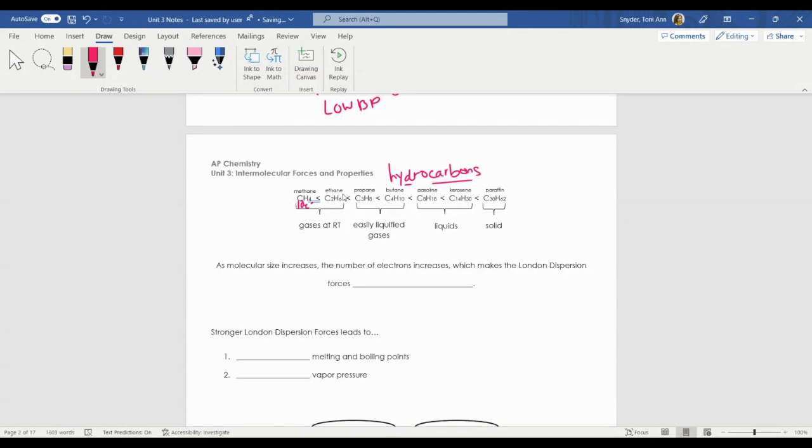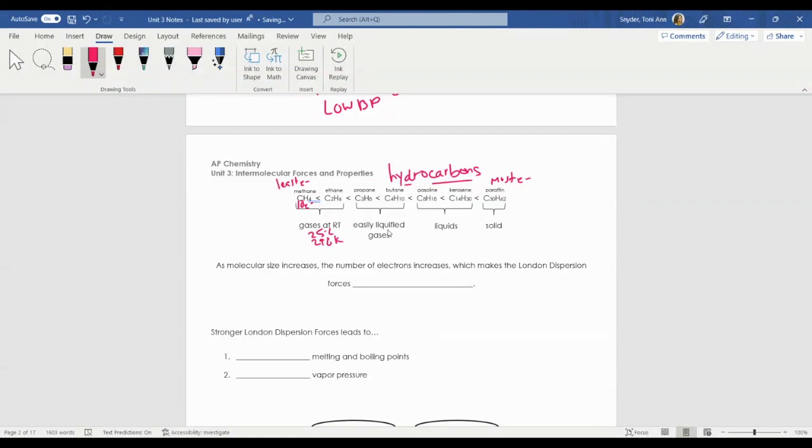And as I progress up, of course, as I'm adding more carbons and hydrogens, my number of electrons increases. So I'll say most electrons there, and I have the least electrons there. Room temperature, that's what RT stands for. Room temperature is about 25 degrees Celsius, which is about 298 Kelvin, okay?